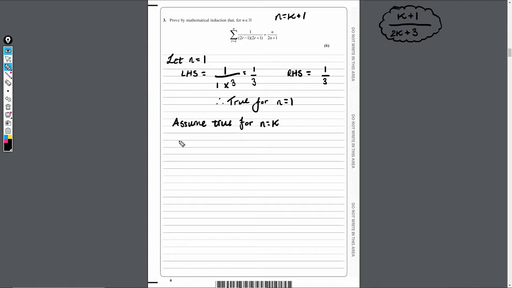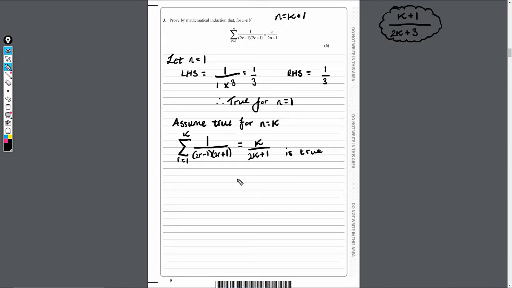We'd have the summation going from r equals 1 to k of 1 over 2r minus 1 times 2r plus 1, and this would be equal to, if you put k in here, k over 2k plus 1. So just replace my n's with k. Okay, so we've assumed it's true for n equals k.